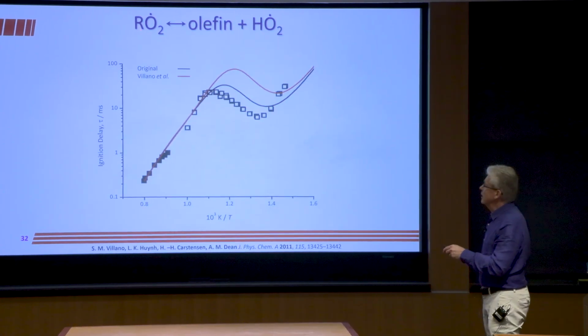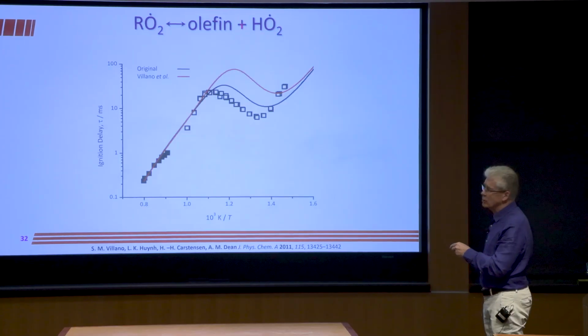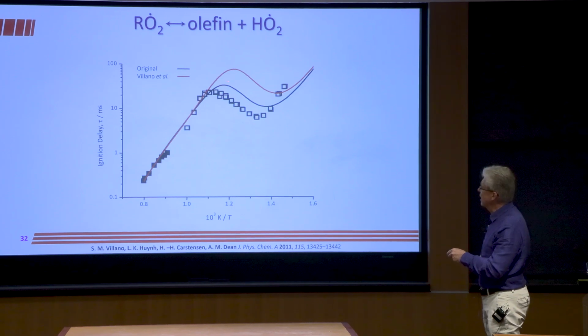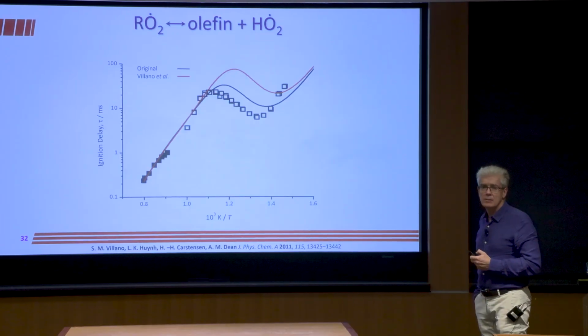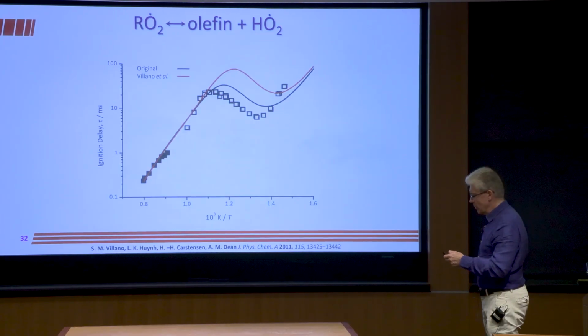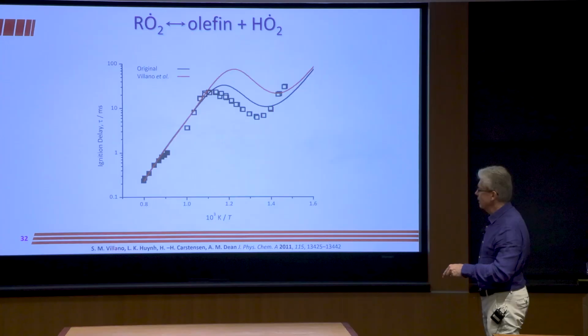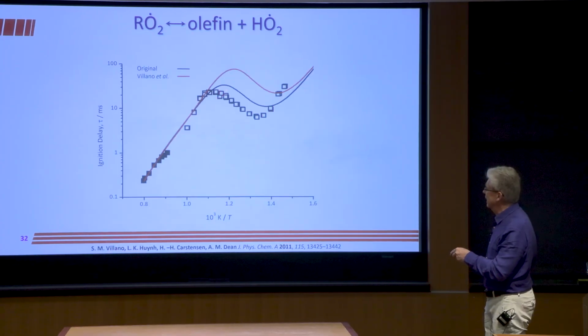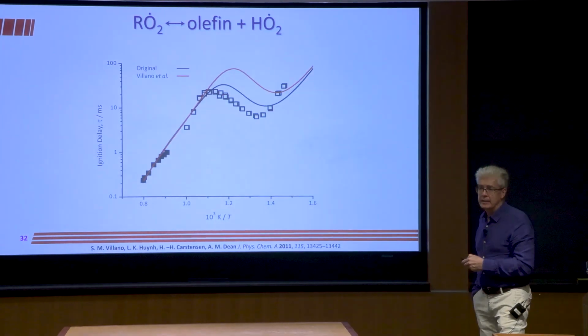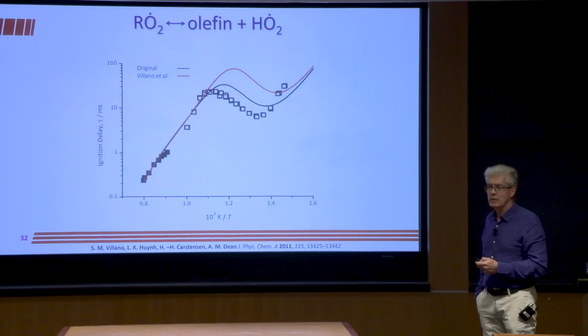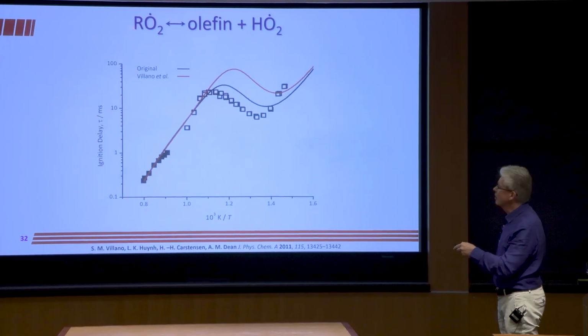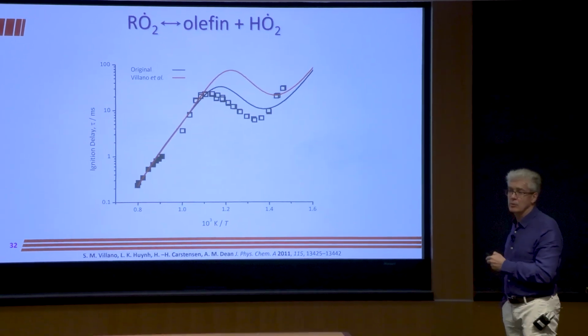Now the RO2 giving olefin plus HO2 rate. We have this model prediction here, and now when we include the rate constants for that, it makes things too slow. In other words, the rate constants that Villano and Dean calculated were faster than the ones we were using. And so we have more RO2 giving us olefin plus HO2.